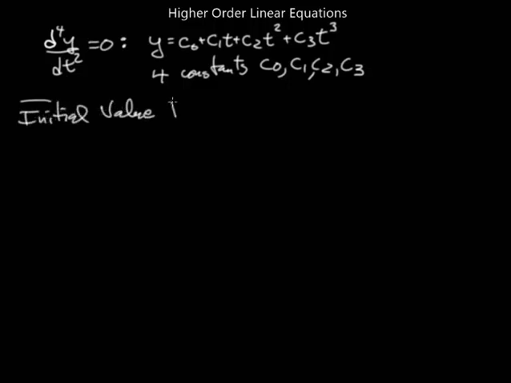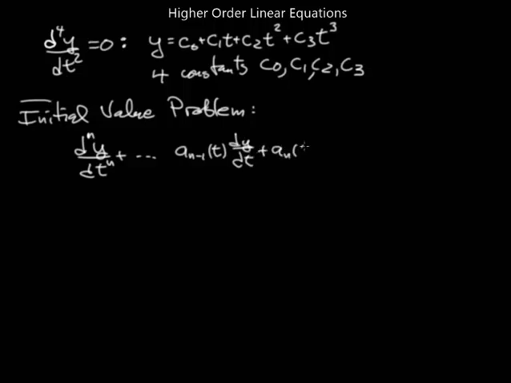So let's look at an initial value problem. Let's say you have an equation, the nth derivative of y plus dot dot dot down to the first derivative, plus some function times y.